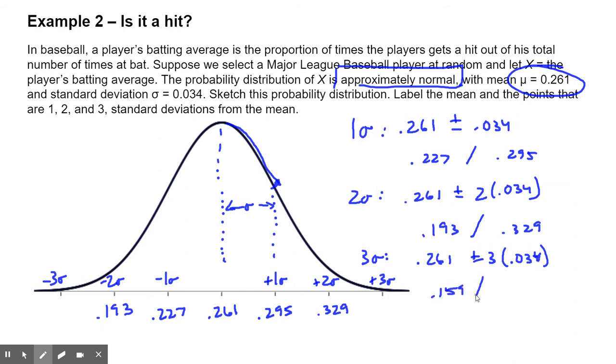And 0.261 plus 3 times the standard deviation is 0.363. The 0.159 goes down here. The 0.363 goes here. And this is how you create a normal distribution. Mean in the middle, increments of 1 standard deviation added to the right, increments of 1 standard deviation subtracted to the left, and there you go.